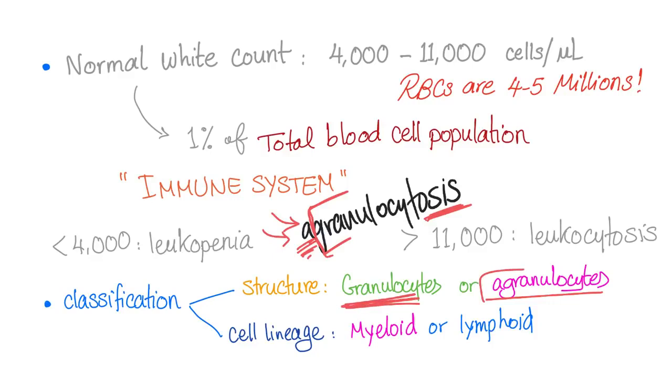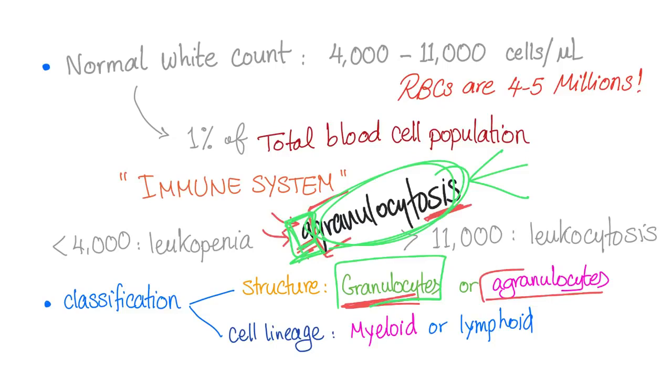Okay, indeed, agranulocytosis means fewer granulocytes in your blood. Don't be confused. Granulocytes, neutrophils, basophils, eosinophils are absent or decreased in your blood. Basically, agranulocytosis is just neutropenia. Okay, that's it. We're done.